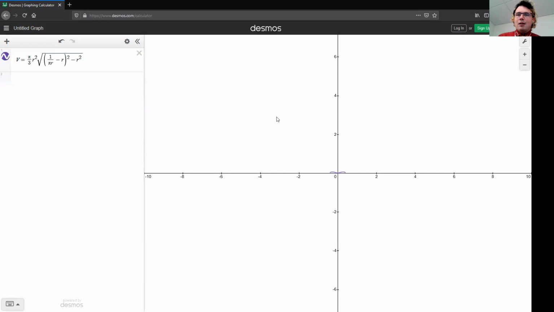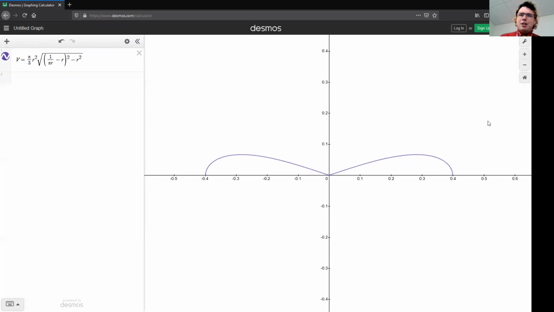Okay. Well, I see a function in there. I'll need to zoom in a bit. So this function is defined, it looks like, between negative 0.4 and positive 0.4. But it only really makes sense to have a positive radius.